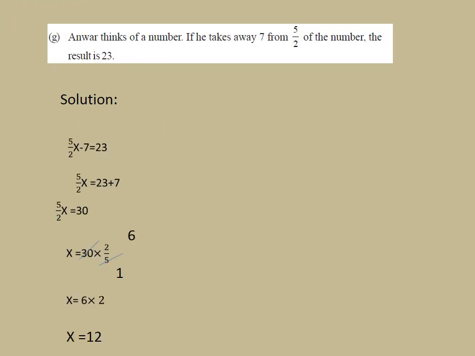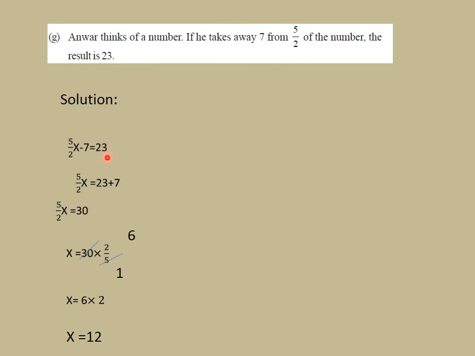Now let us go to the next question. Unword things of a number. So you take the number as x, isn't it? Take the number as x. If it takes away 7 from 5 by 2 of the number, that means minus 7 from 5 by 2 of x, the result is 23.